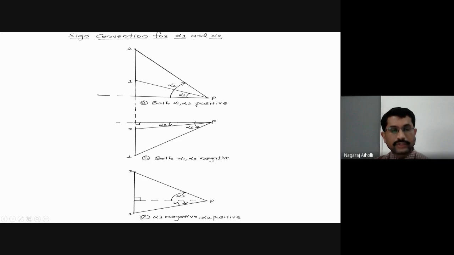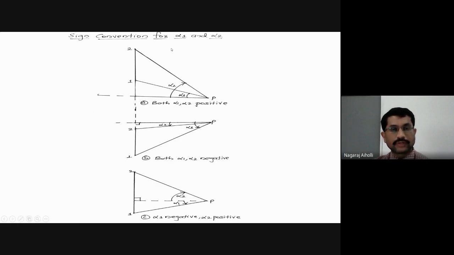Alpha 1 is negative because the lower end is below the point P, and alpha 2 is positive because the upper end is above the point P. Hence alpha 1 is negative whereas alpha 2 is positive. That is what is written here. This is the sign convention for alpha 1 and alpha 2.